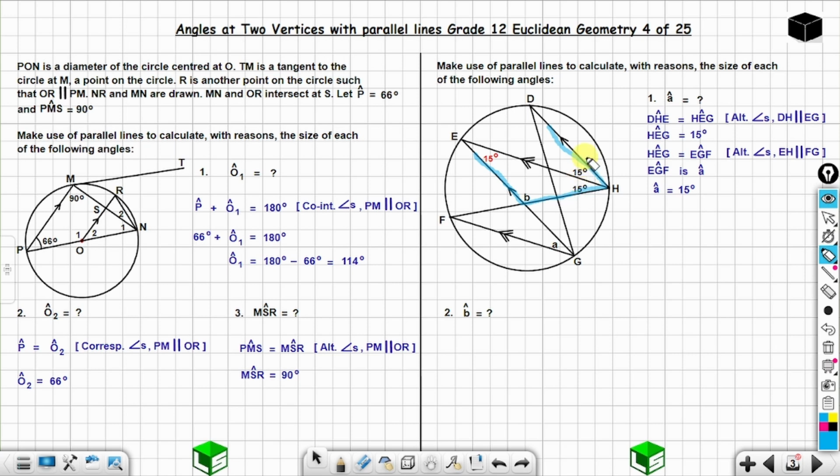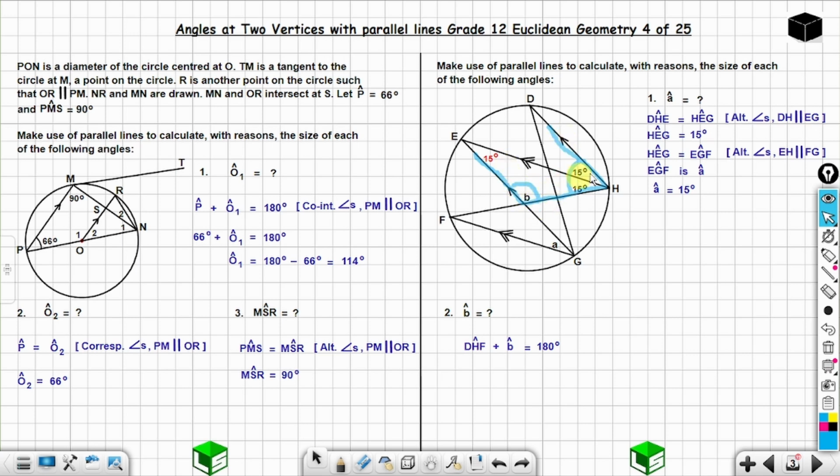So remember, this angle plus this angle, you must have 180 degrees. The angle DHF, this entire angle, which is equal to 30 degrees, plus the angle B is equal to 180 degrees.